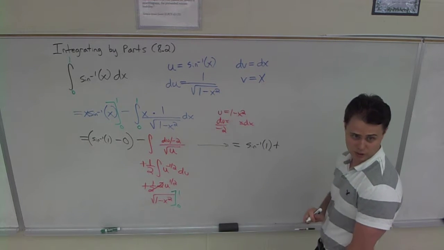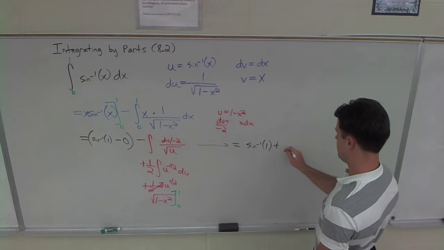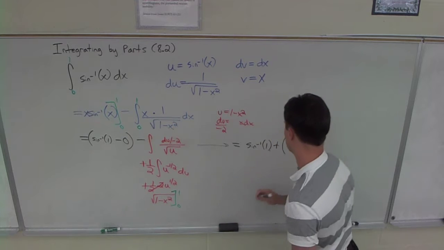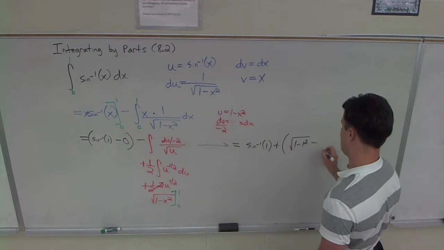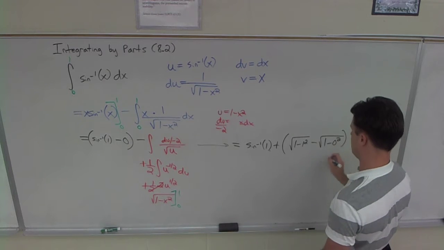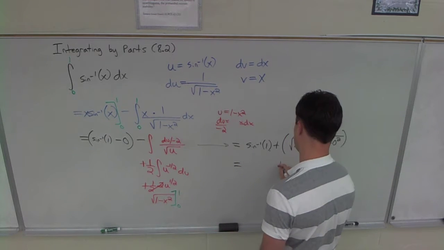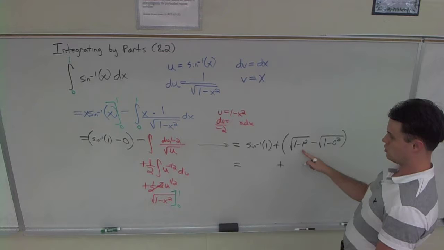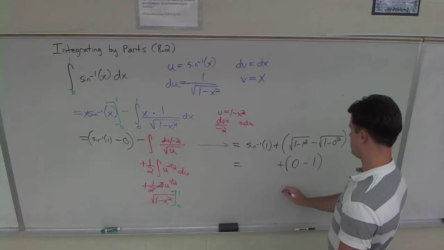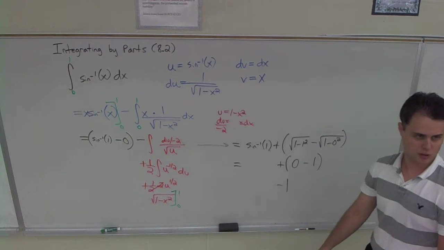So it is plus, right? Plus the square root of, if we plug 1 in, we're going to get that minus, yeah, so you don't have to write that out if you don't want to, but that's going to be nothing, that's going to be 1, so we're going to have minus 1 right there.